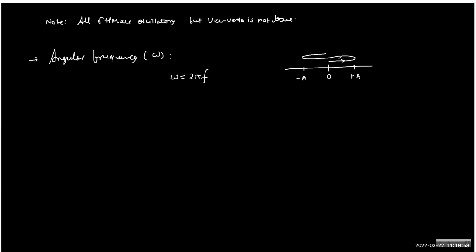If you begin from the mean, you have to come back to the mean. Then this makes one oscillation. On a circular scale, we'll come to that. So just remember the formula that omega, the angular frequency, is defined as 2 pi times the linear frequency.